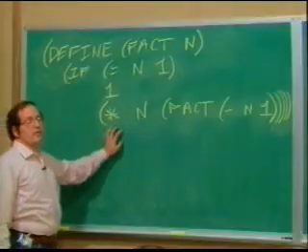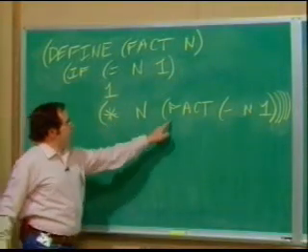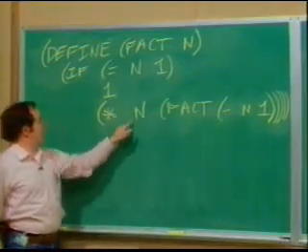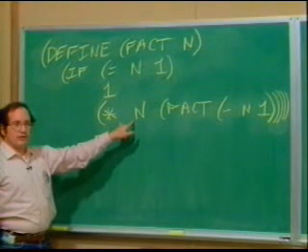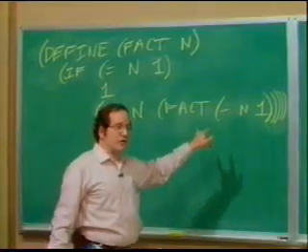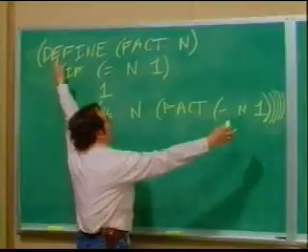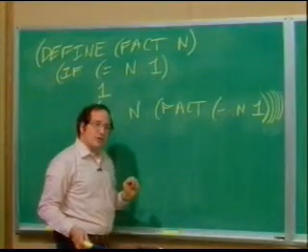And what's different about this program, as you know, is that after I've computed factorial of n minus 1 here, I have to do something to the result. I have to multiply it by n. So the only way I can sort of visualize what this machine is doing is to think of it this way: I have a machine out here which somehow needs a factorial machine in order to compute its answer.